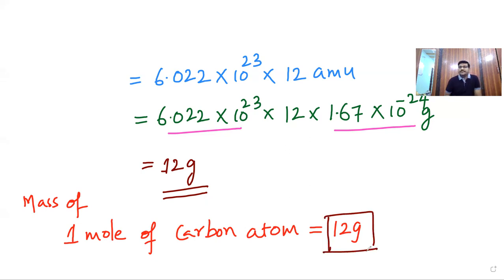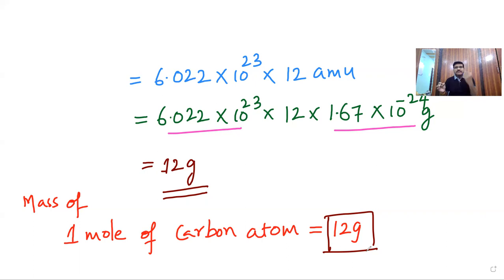Always underline the words 1 mole of mass of any atom. I am generalizing. Here it is with respect to the carbon atom, where 1 mole of carbon atoms is 12 grams.